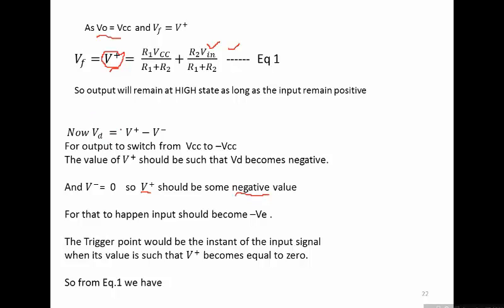So first V plus becomes 0 at this input level, and then you further reduce the input signal and V plus is decreased from 0, then only Vd becomes negative and the output would switch to minus VCC.